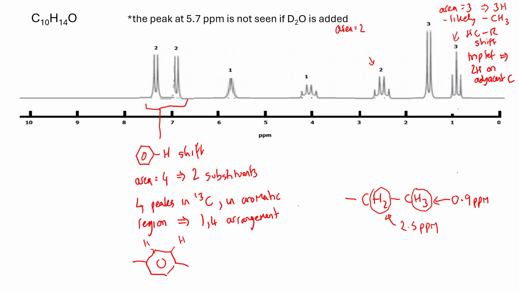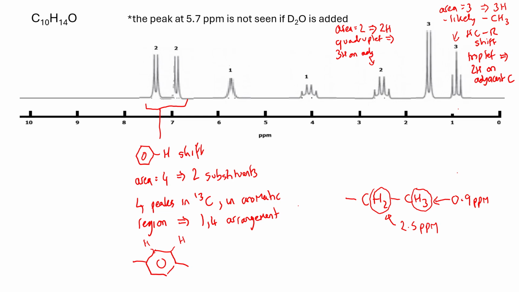Meaning that you have 2 hydrogens, so that fits with it being a CH2, and it's got splitting into 4, in other words it's a quadruplet. Which means there are 3 hydrogens on the adjacent carbon, which fits with that being a CH3.